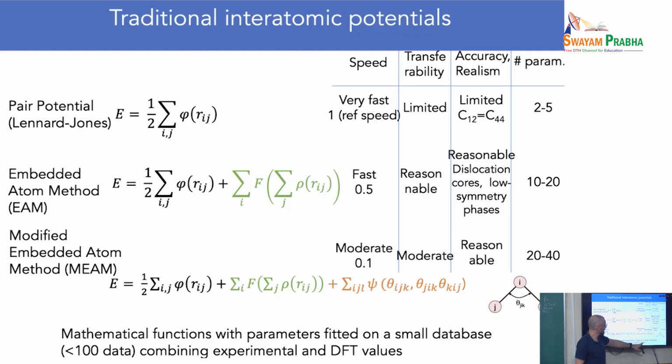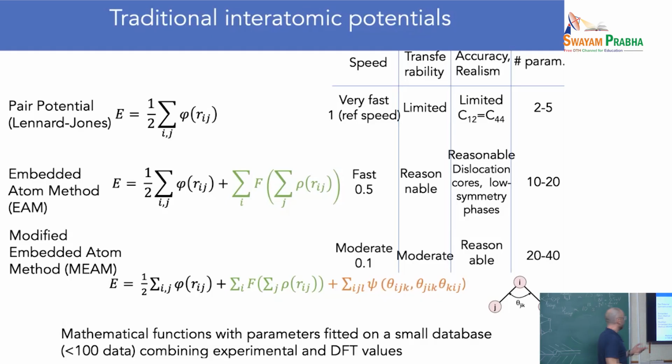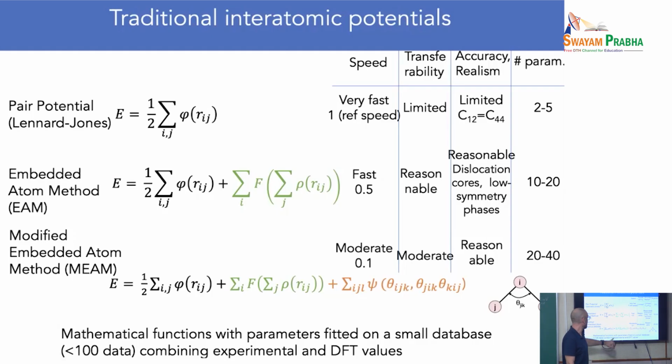Nowadays they are mostly coming from density functional theory calculations. Back in the days, they were also using experimental values. So you adjust the parameters of these functions to reproduce as best as you can some configurations, and then you live with that potential.